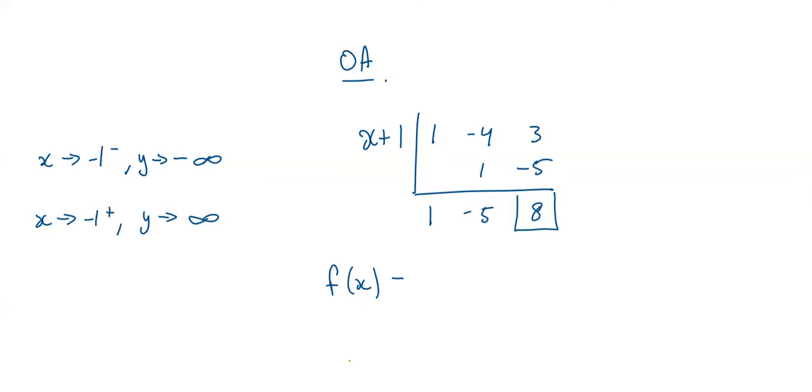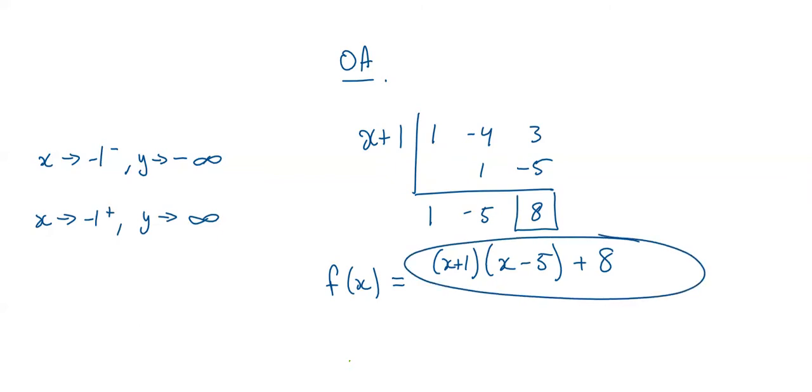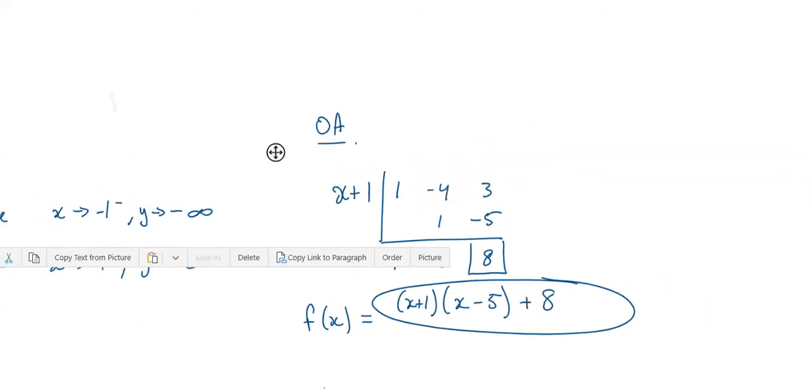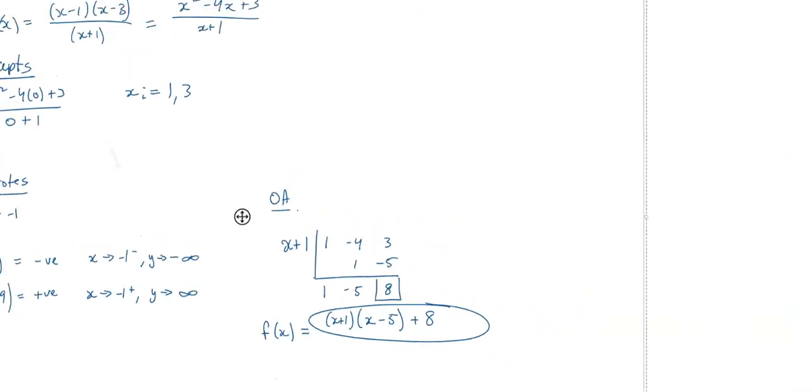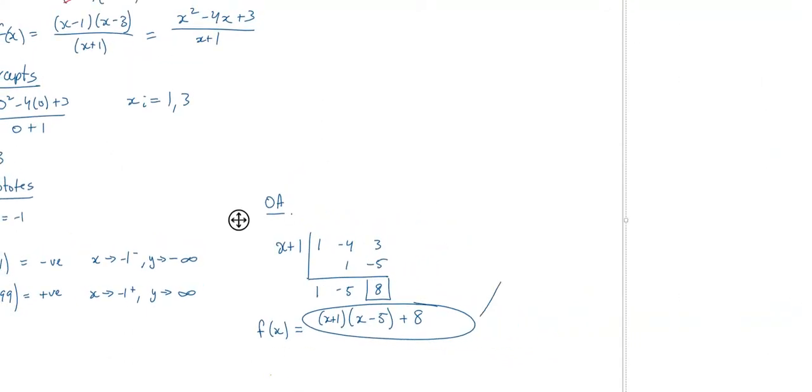So we write out the division statement, which is x plus 1 times x minus 5 plus 8. But that right there actually just equals the top.